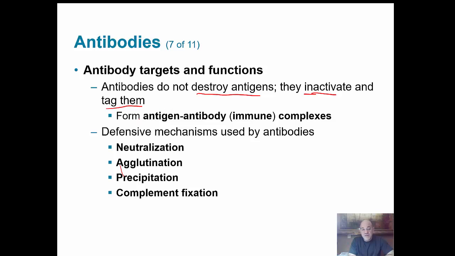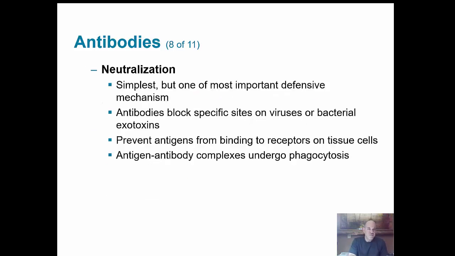What the antibodies do is they're going to attach to antigens, forming an antigen antibody or immune complex. And there are some mechanisms that the antibodies use during this process. One is neutralization, agglutination, which we've seen before, precipitation, and complement fixation.